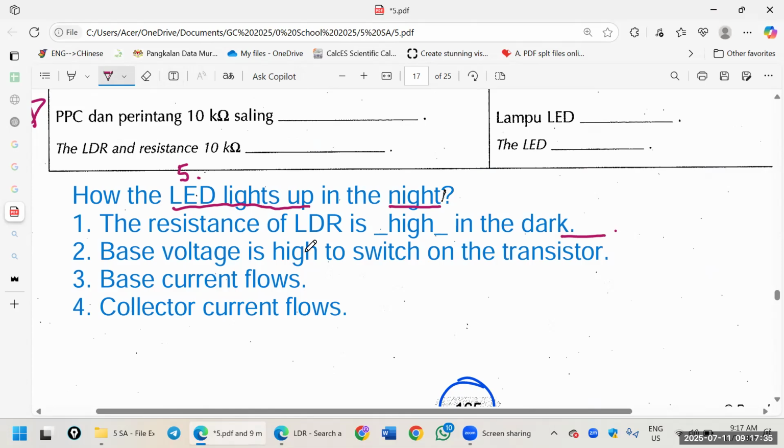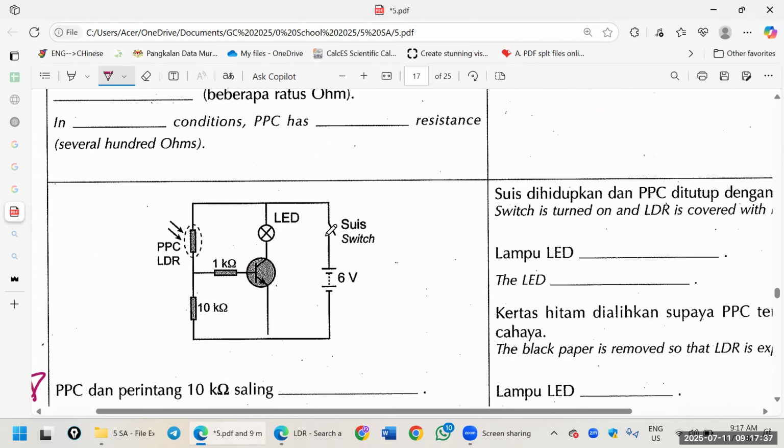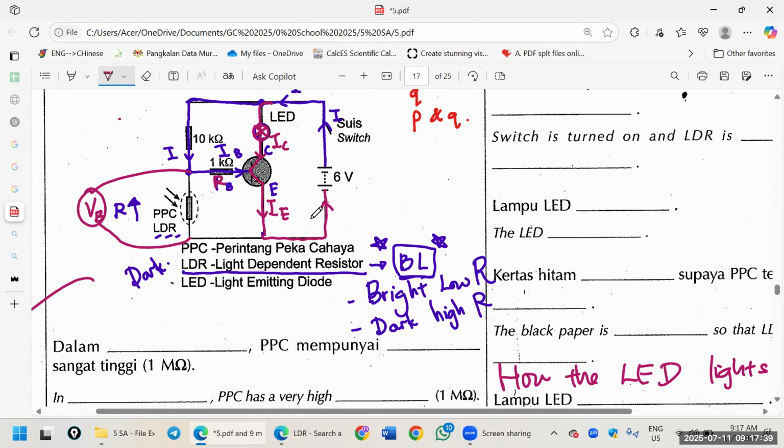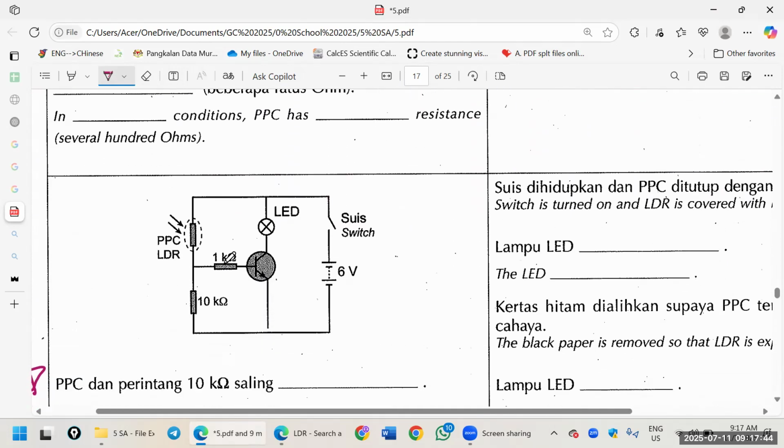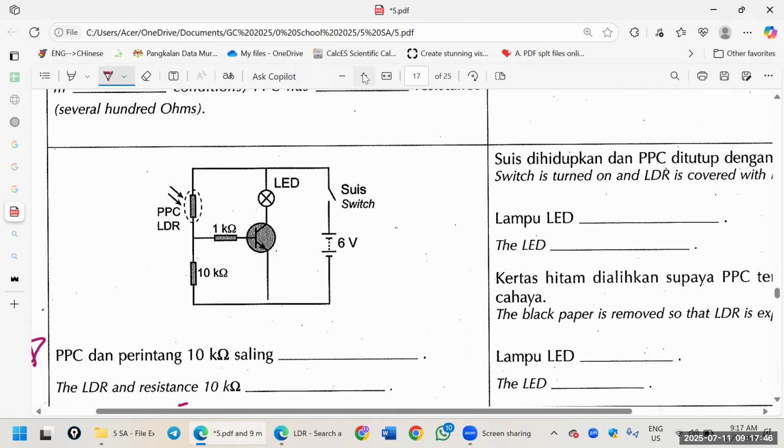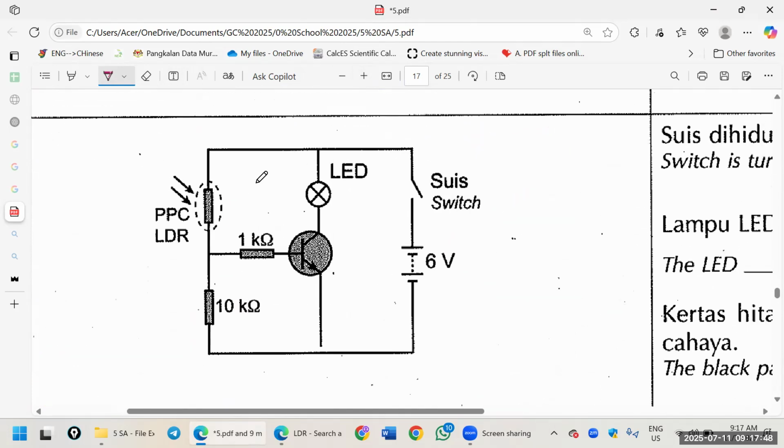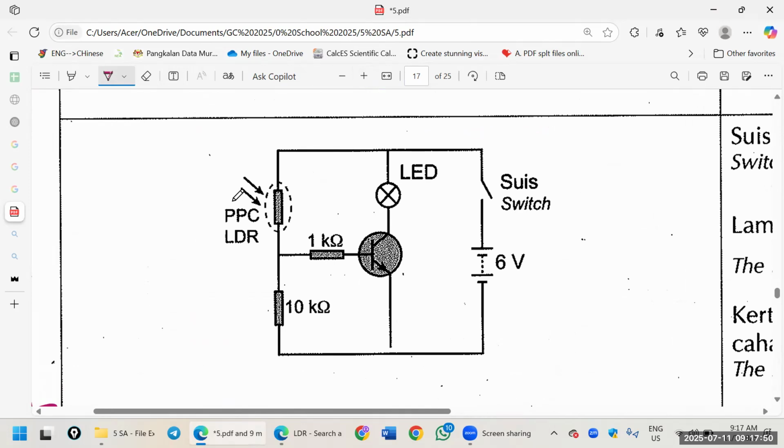Okay, so now, what happens if we put the LDR on top? Let's see. If we put the LDR on top, let's say in the dark, is it high or low resistance? High resistance.